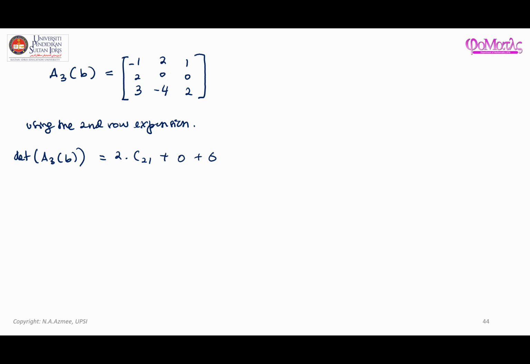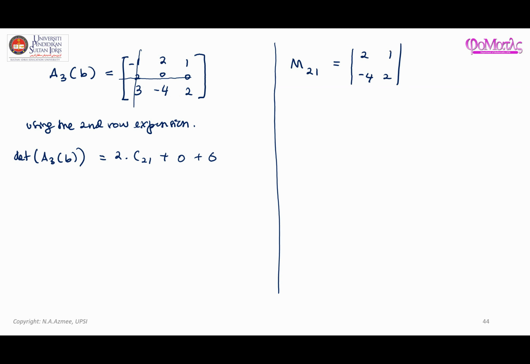So the process is so much simplified. Based on this, I know that I just need to find the value of cofactor C21, and we will start off with finding M21. M21 can be obtained when you delete the second row and the first column. Therefore, the remaining values that you have to consider are 2, 1, -4, and 2.